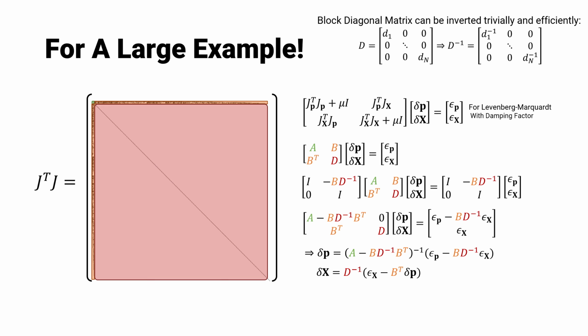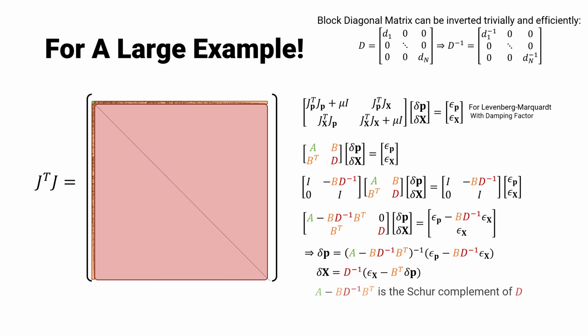Remember that when we have a block diagonal matrix, we can trivially invert it by inverting each of the diagonal elements. And since D is basically a diagonal matrix in this case, this becomes really quick.